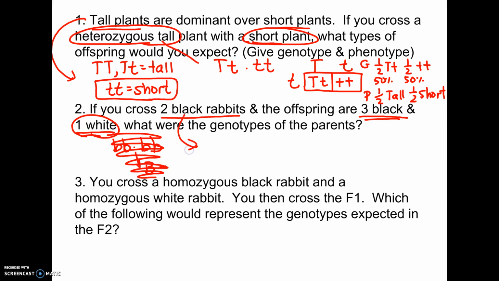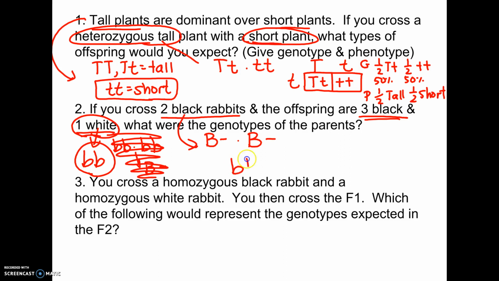So now that we know black is dominant, we know that the rabbits have to be big B something and big B something, because that would make them black. The clue is the fact that one of the offspring is white. The only code for a white offspring, because white is recessive, is little b.